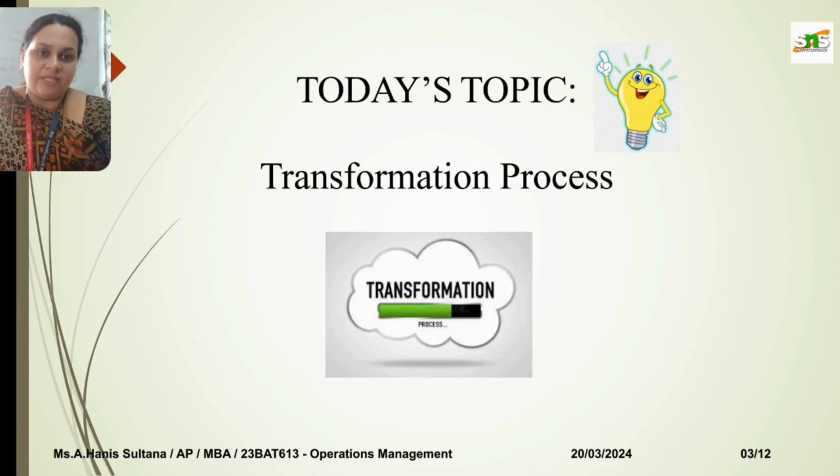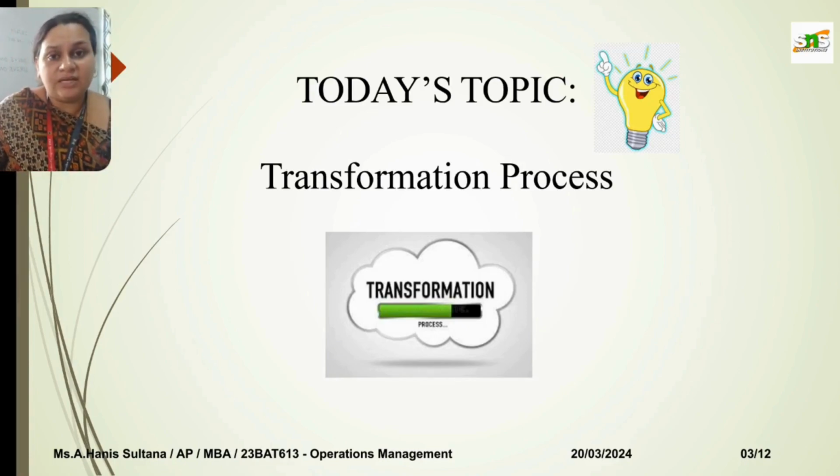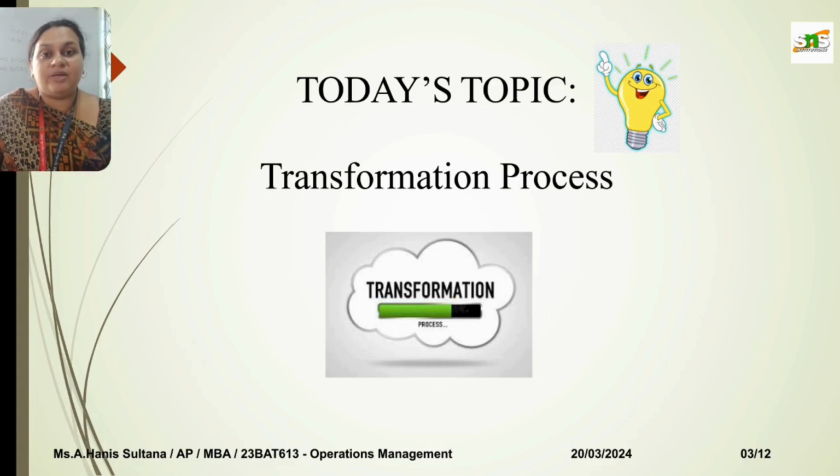The word itself is very clear. Transformation, a change takes place. When does the change take place? When we discuss operations management, we are considering a product. We can categorize it as finished product, work in process, and unfinished product.